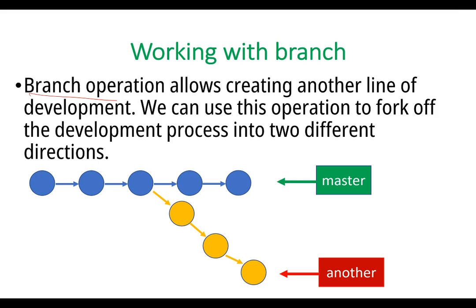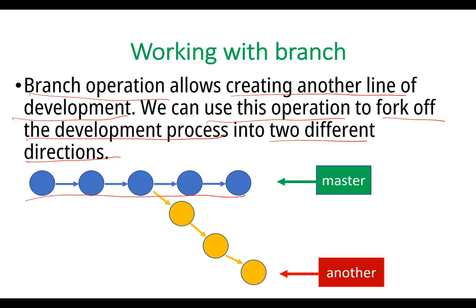The branch operation allows you to create another line of development. You can use this operation to fork off the development progress into 2 different directions, or 3 or 4 different directions. For example, in this figure, there is a main branch called master.